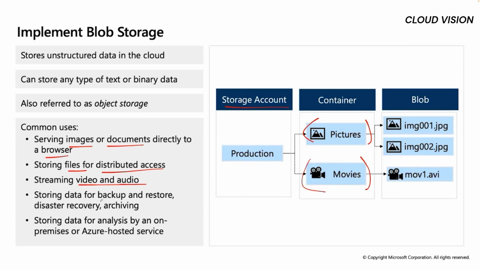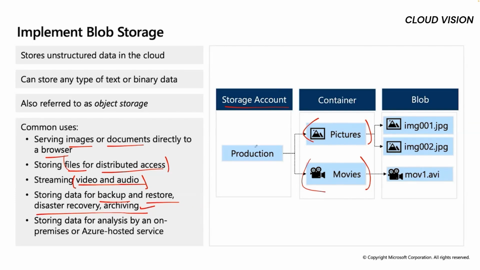Storing data for backup and restore, disaster recovery and archiving purposes. There are different tiers we will learn about, like when to use archiving and when to use a different tier for real-time access. And then storing data for analysis by on-premises or Azure-hosted services.